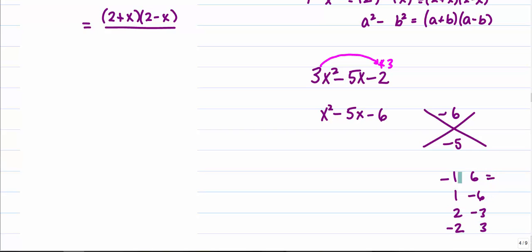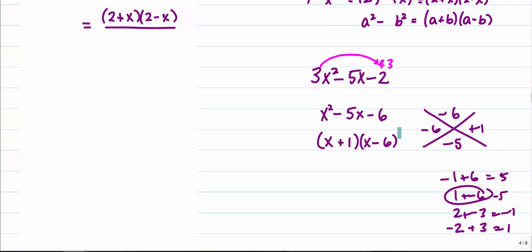And these add up to 5. This adds up to, I'm working down here, 1. This adds up to negative 1. But this one adds up to negative 5. So negative 6 and positive 1. So we can break this down into x plus 1, x minus 6.